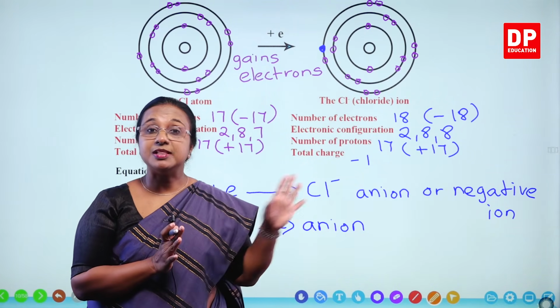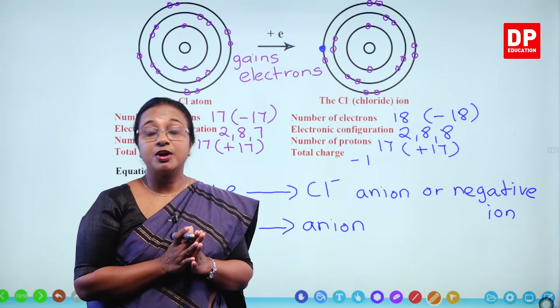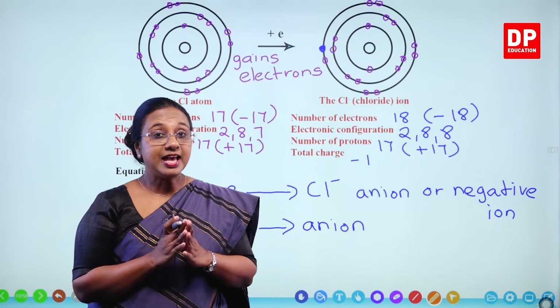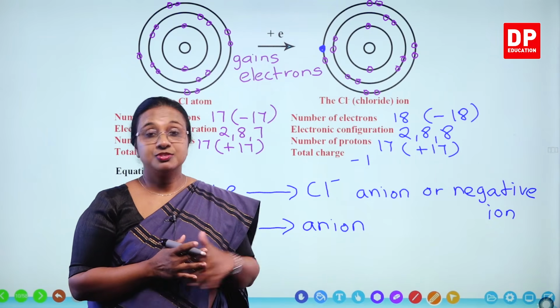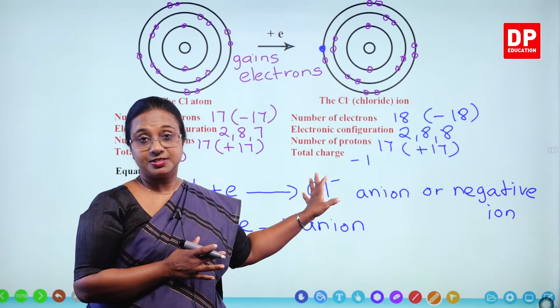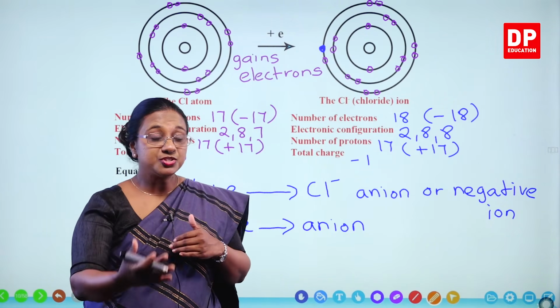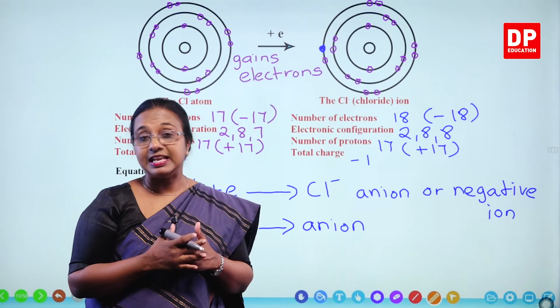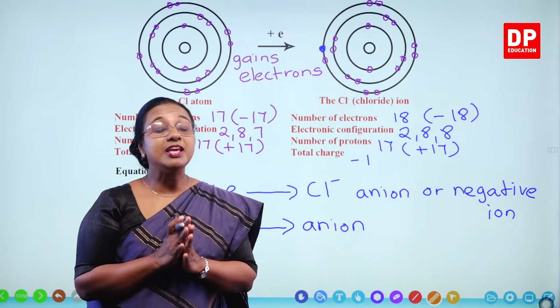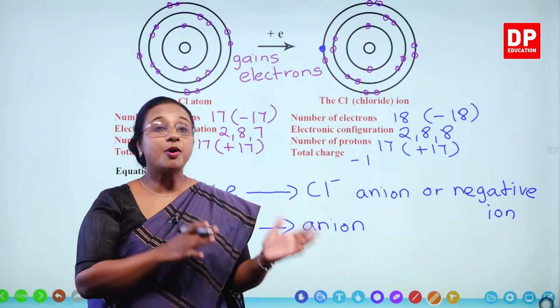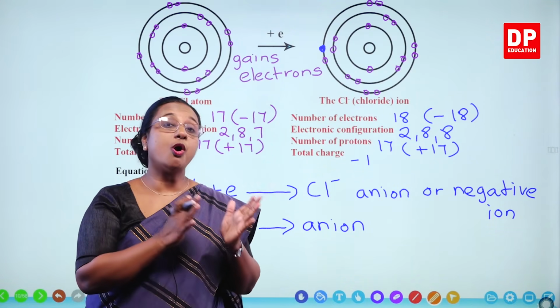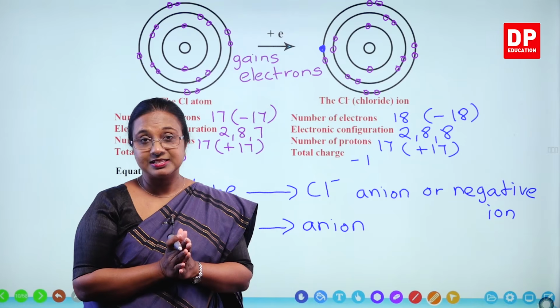If you can remember the definition or the explanation for bonds, it said by rearranging the electrons. So that is what happened just now. Sodium lost an electron, chlorine gained an electron. So there was rearrangement of electrons leading to the formation of positive and negative ions or cations and anions.